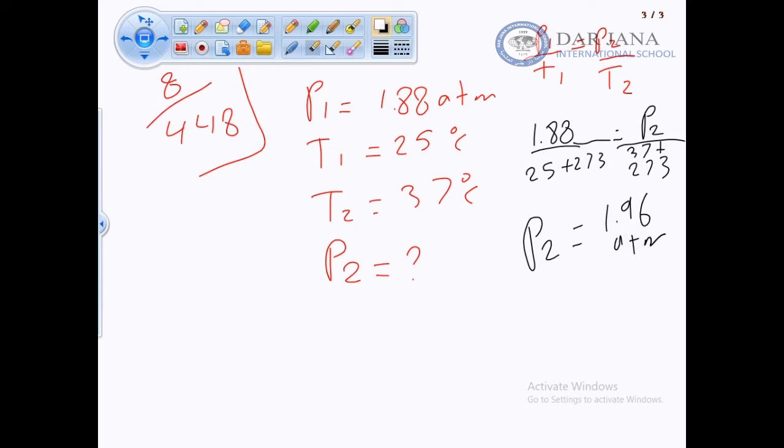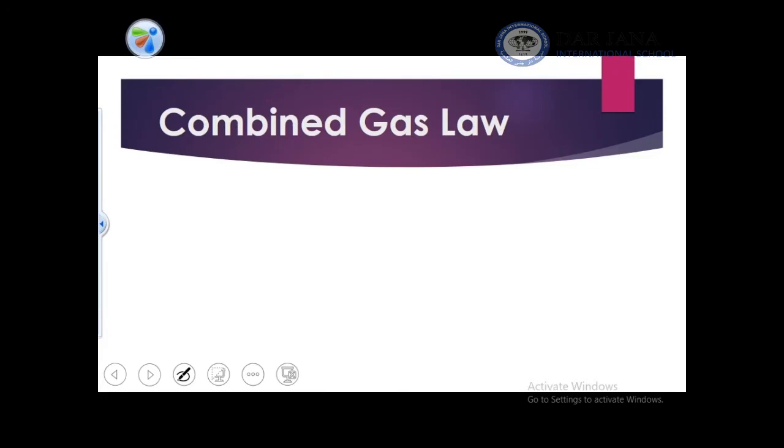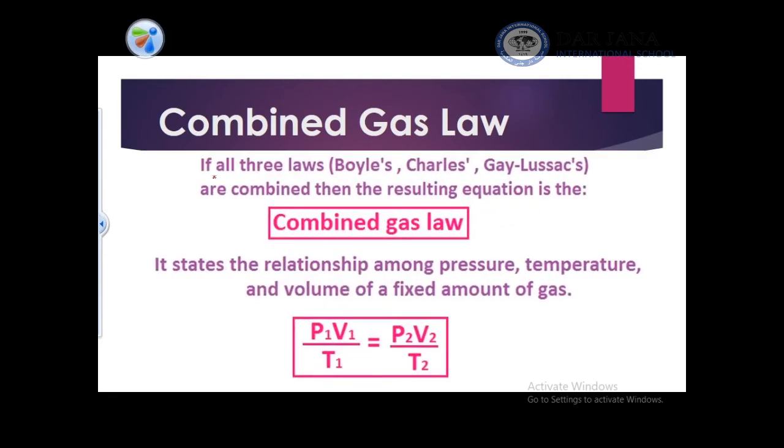Now, let's move to the combined law. Combined gas law states the relationship among pressure, temperature, and volume of a fixed amount of gas.